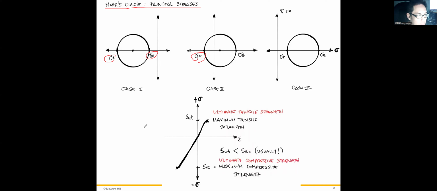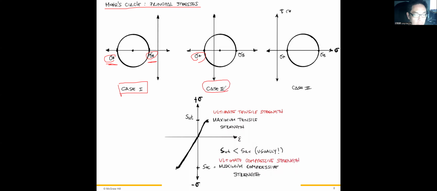Okay, so for case 1, what's the situation of the principal stresses? I mean, sigma A and sigma B are both negative, right? Both negative.